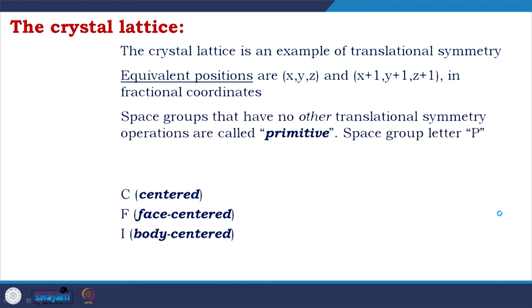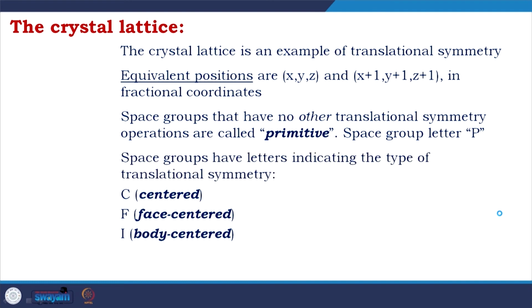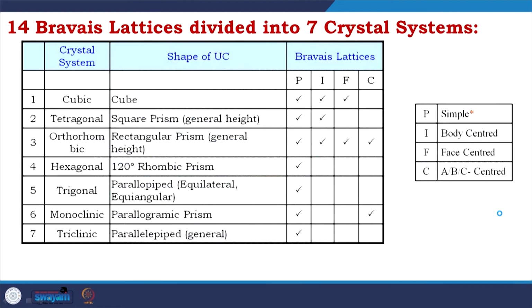Space groups that have no other translational symmetry operations are called primitive space groups and are represented with the letter P, but other space groups have letters indicating the type of translational symmetry: C centered, meaning centered-base translation, F face centered and I body centered, and all those give rise to 14 Bravais lattices, which are divided into 7 crystal systems.